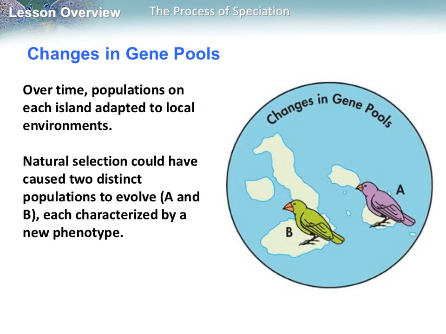Over time, populations on each island adapted to local environments. So over many generations, natural selection could cause two distinct populations to evolve. Population A on this island and population B on this island. And each one would have a phenotype that is then adapted to that environment.